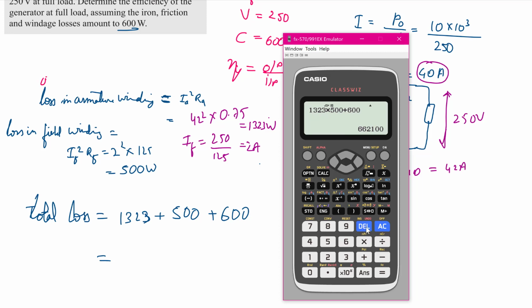Here we had multiplied, that was wrong, it should be plus here. So here 2423 watt.